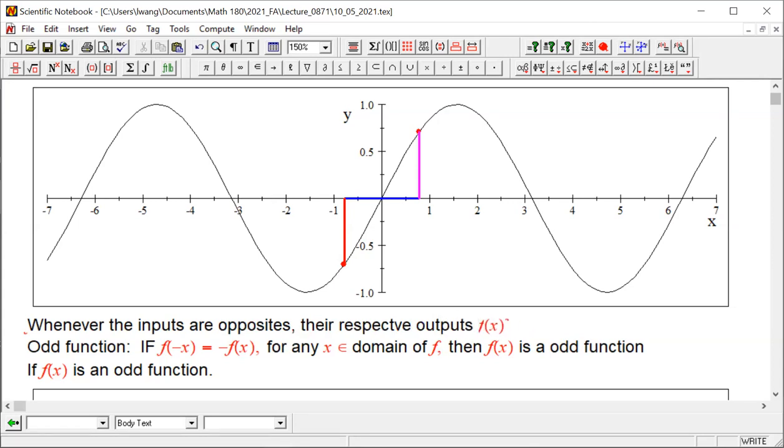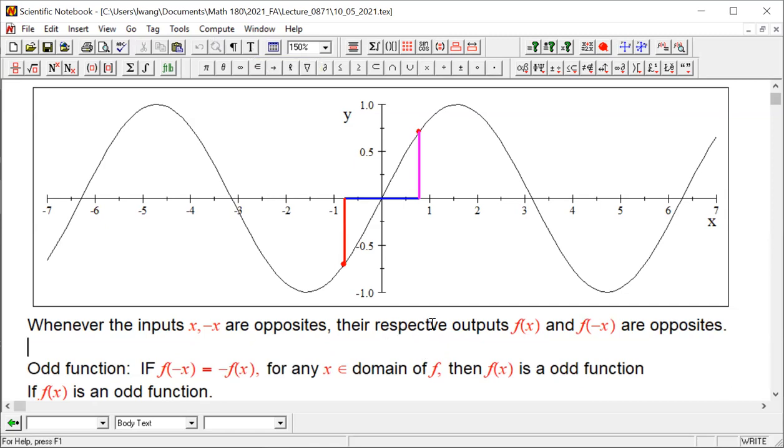What are their respective outputs? If inputs are x and negative x, their respective outputs, f of x and f of negative x, are opposites as well. We talked about this yesterday, right? Opposites.